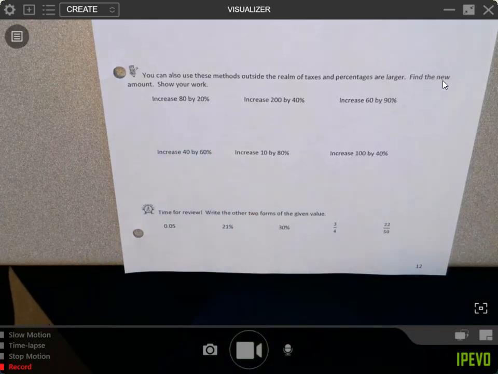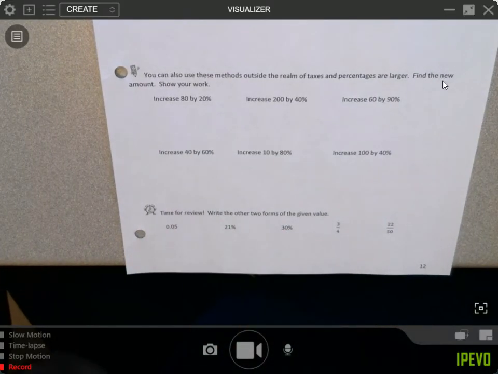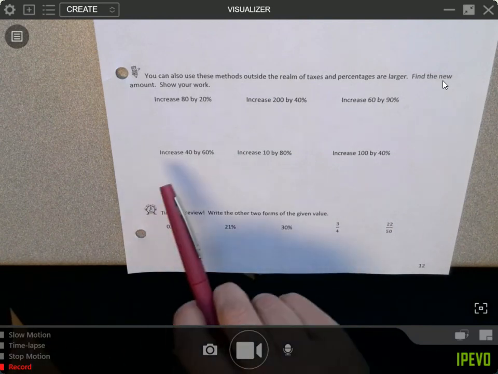So instead of saying it's a tax, we're just increasing it by a certain percent. It's the same math. It doesn't have to be a tax. You have your original amount and you have the percentage to increase it. Do the same math for all of these.